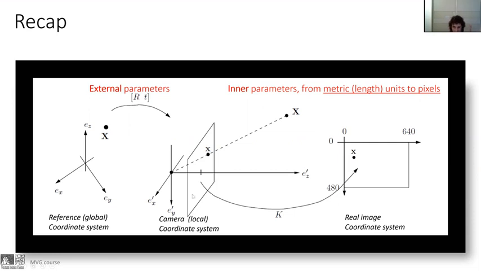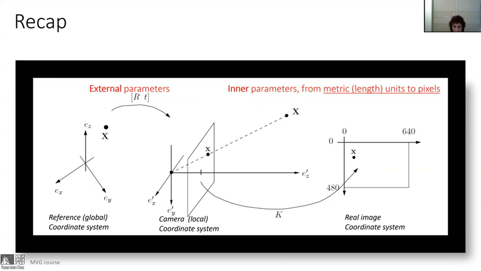This is in R3, in length units, and this is in pixels. And K is the mapping between this 2D and this 2D. So all in all, I have K times the block RT. This is the camera matrix, and let's dive into the properties of K and the degrees of freedom of K.